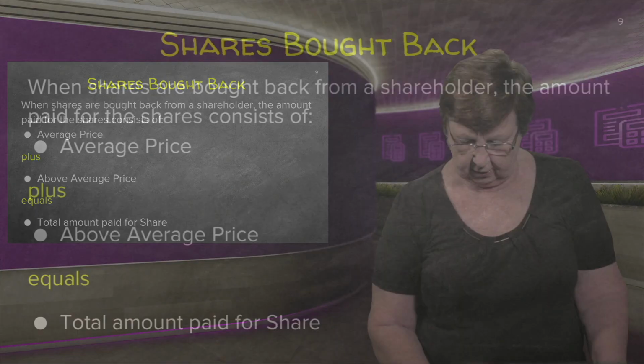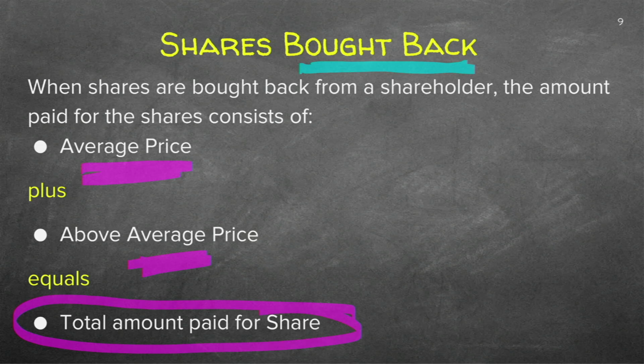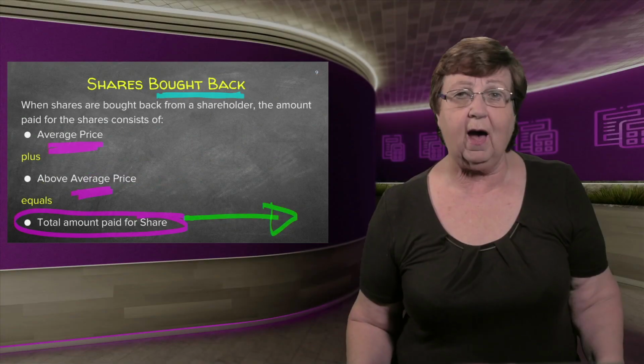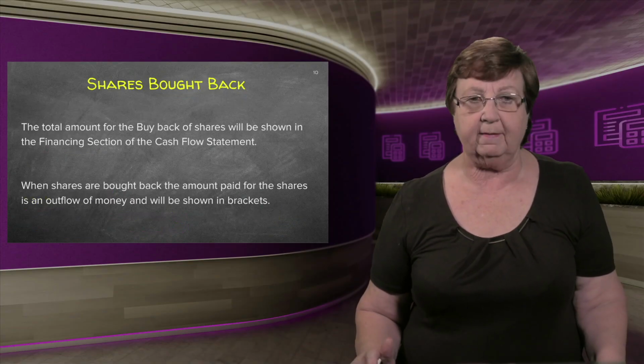So that's the start of this third section of financing activities. Next, we are going to look at when shares are bought back. As I said a little earlier, you will remember that when we buy back shares, we have average price plus above average price, which will give me the total amount paid for shares. And it is this total amount paid for shares that we are going to take to our note, Cash Effects of Financing Activities.